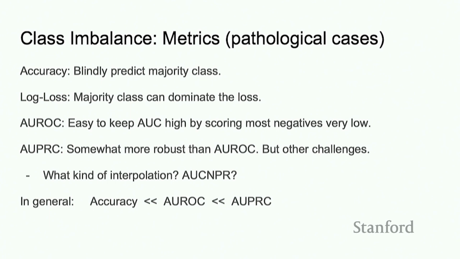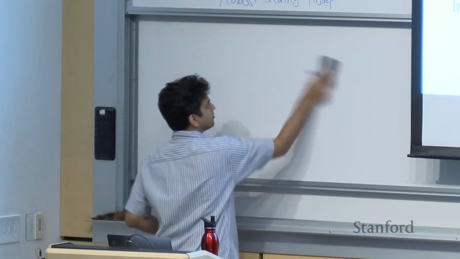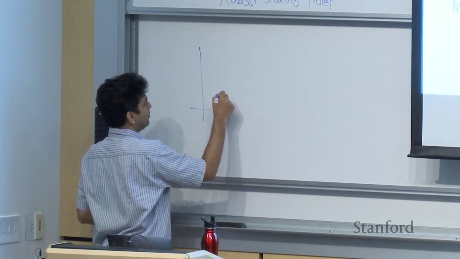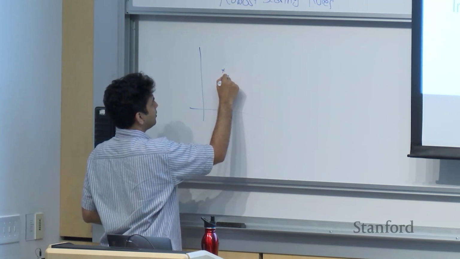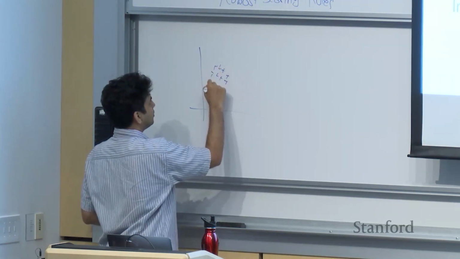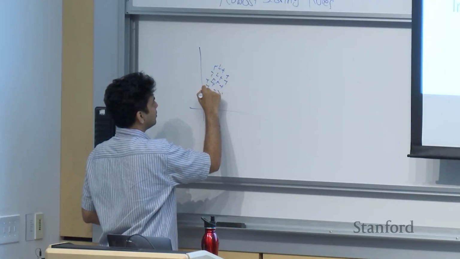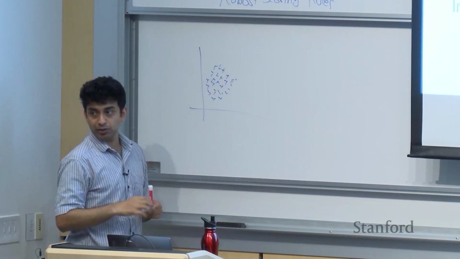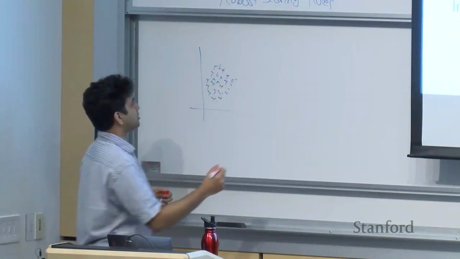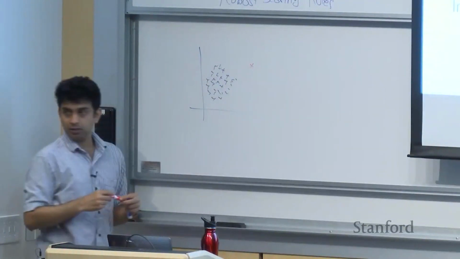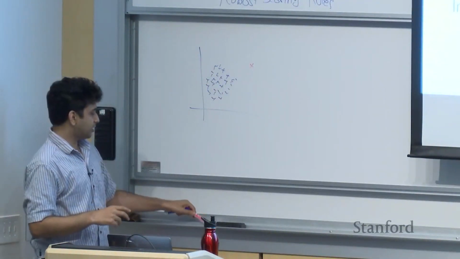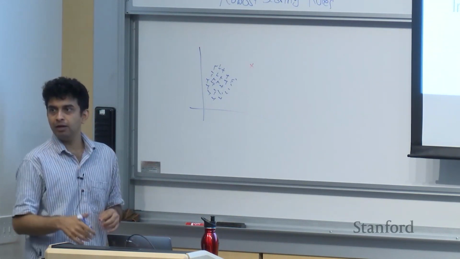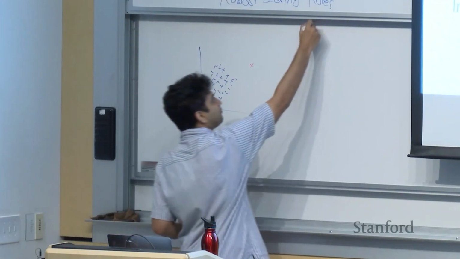So imagine a logistic regression where you have some number of positive examples over here, and you have just one negative example over here. Logistic regression will place the separating hyperplane, that is the line at which the y hat is 0.5, probably somewhere over here.